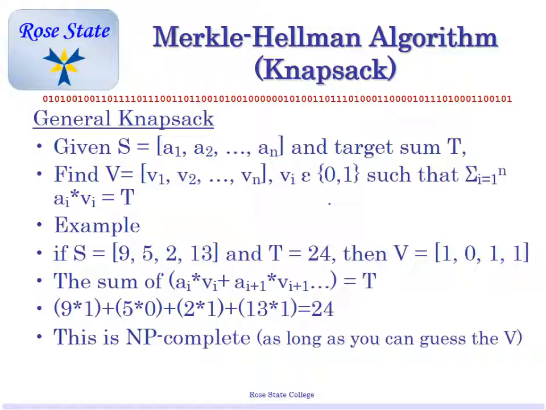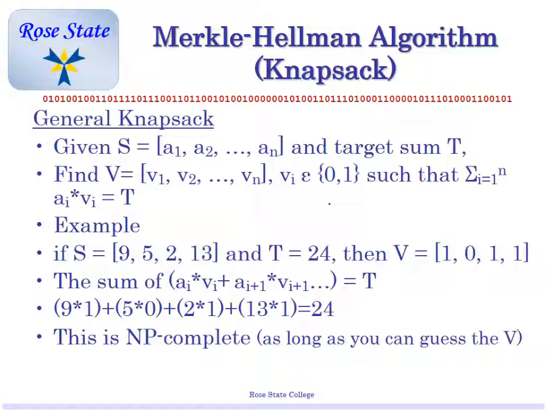That's the simple knapsack and the target sum of 113. Find the V's from the subset of 0 and 1 so that A1 times V1 plus A2 times V2, and so on, equals T. Easy enough? That's what we did.